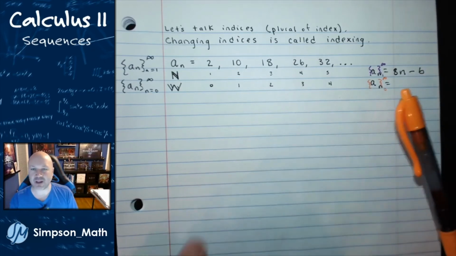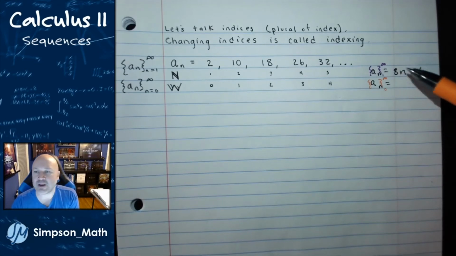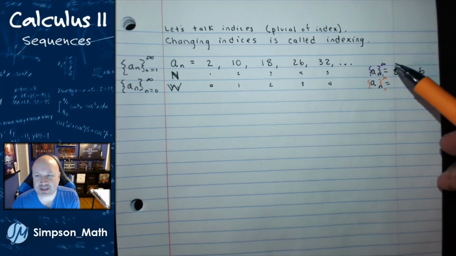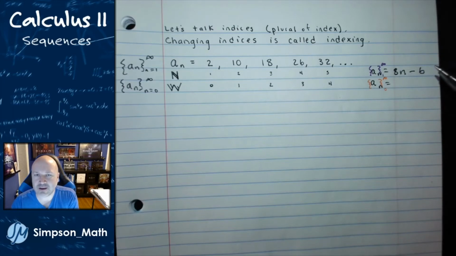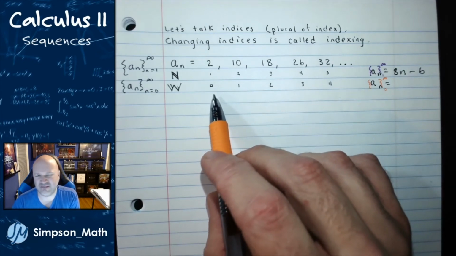Sorry, it's kind of crammed in there, but I thought that may help. Purple, 1 to infinity. Here I'm changing the indices. I'm indexing. I'm changing the index. Okay, well, I think it's going to be very similar. I'm just adding 8. So if I do 8 times 0, though, I get 0.